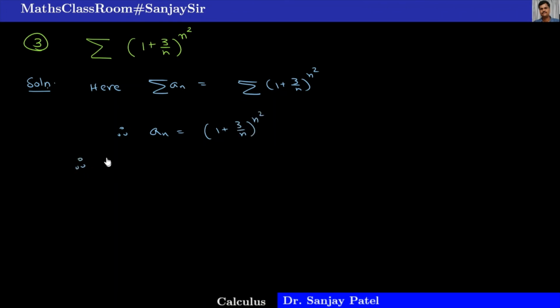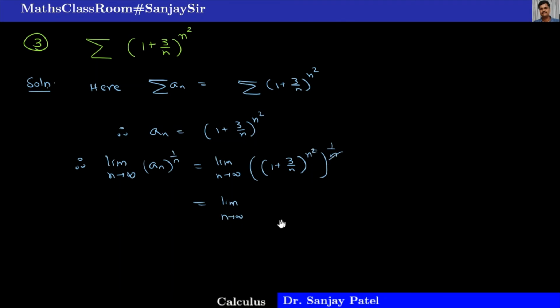And therefore, limit as n tends to infinity, a n raised to 1 upon n by the Cauchy's root test, you must take the nth root of the nth term a n. What you will get is 1 plus 3 upon n raised to n square, and this whole raised to 1 upon n is to be taken. Simplifying, what will be the next step is this 1 n will be cancelled, and what you will get is 1 plus 3 upon n raised to n.